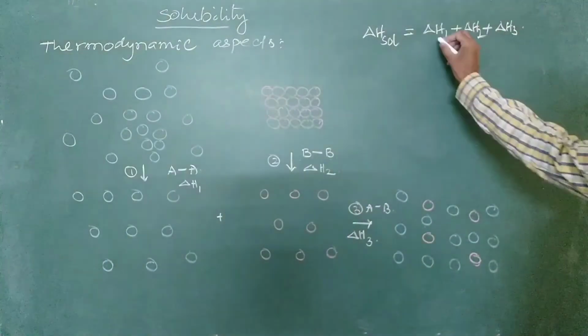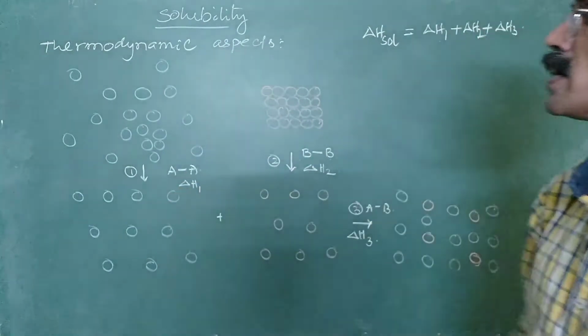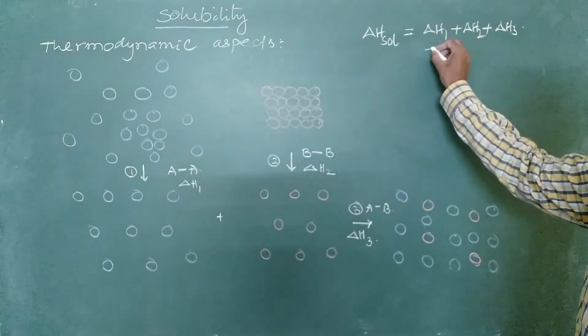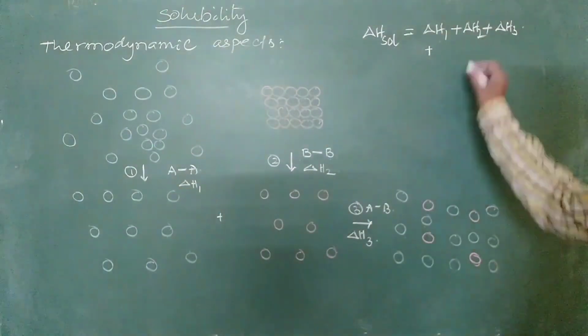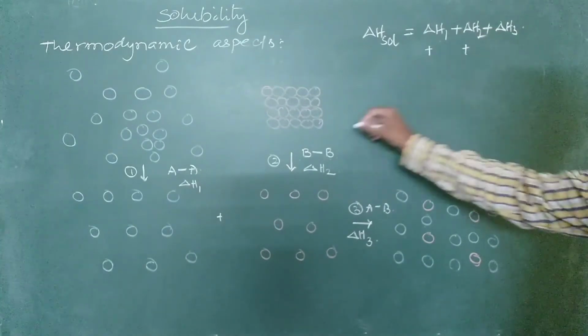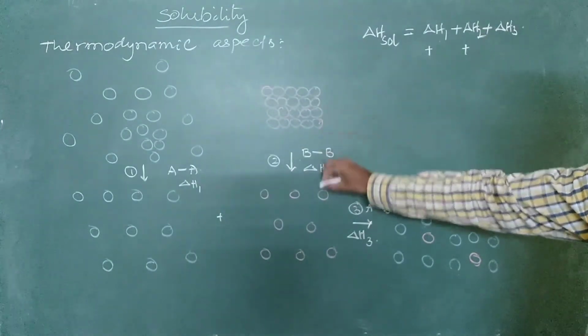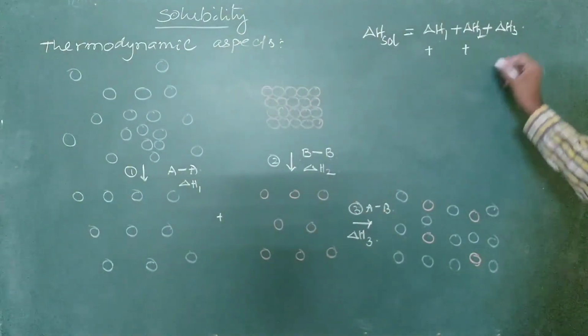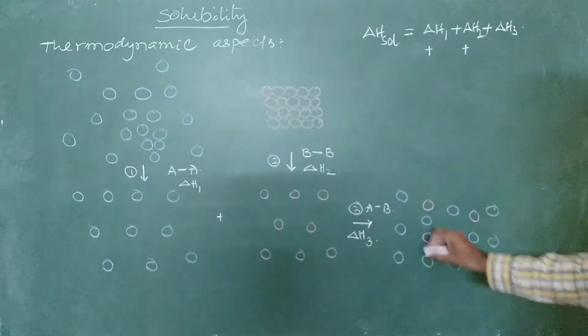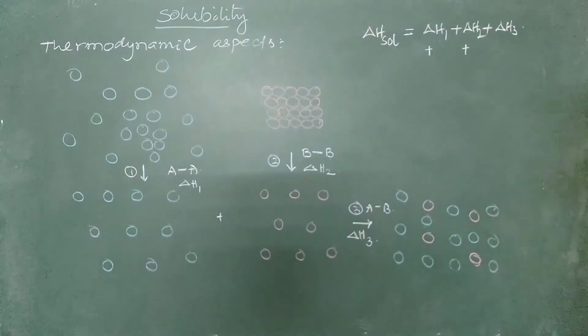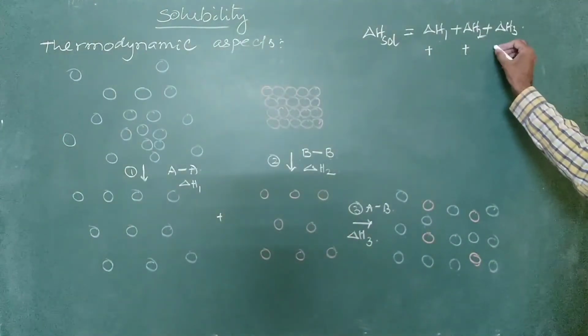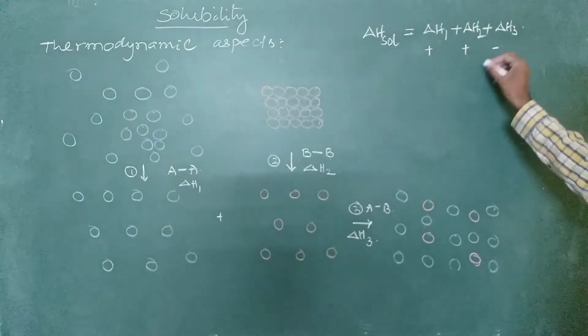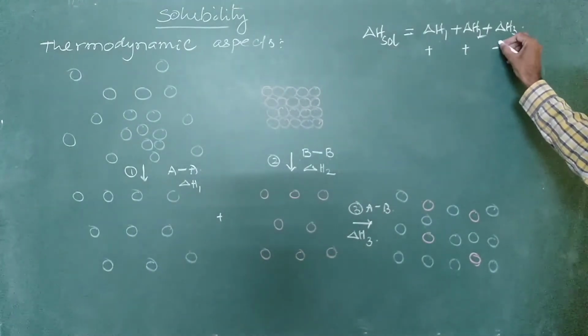Here the first step involves the breaking of attractive forces, so that is why it is positive, and the second step again involves breaking the attractive forces of solute particles, so that is also positive. The third step involves formation of attractive forces. So what happens? Usually energy is liberated, so the enthalpy change in the third step is generally negative.